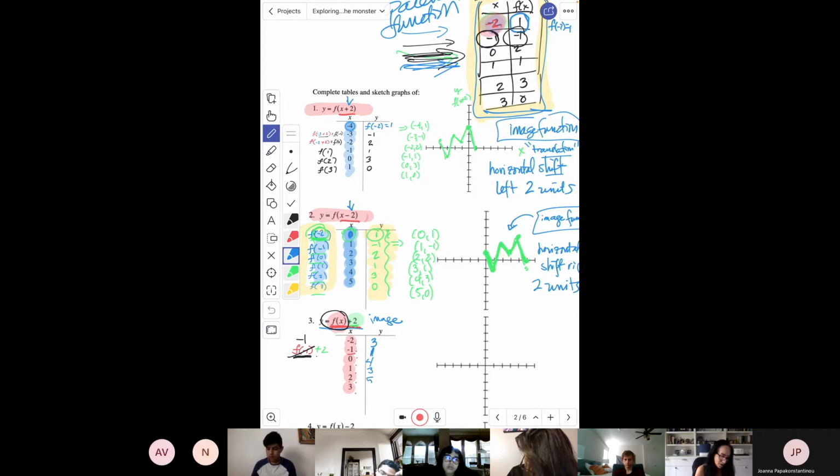Yes! Okay, what about the next one? If I input 3 into my function and then add 2 to the output, what do I get? 2. Beautiful. So the corresponding ordered pairs that I will plot for my image function are these.